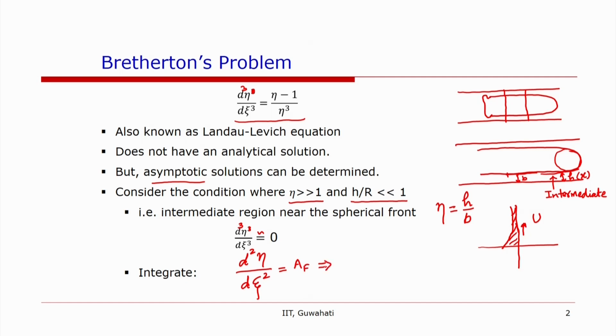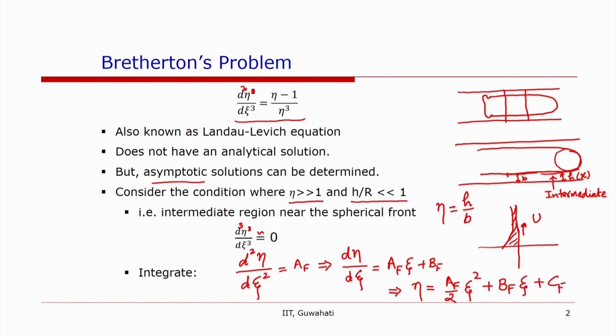Integrating again, we get d eta over d psi equal to AF psi plus BF, where BF is another integration constant, and then we get eta equal to AF by 2 psi square plus BF psi plus CF.